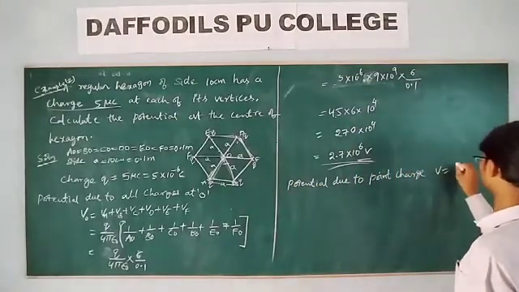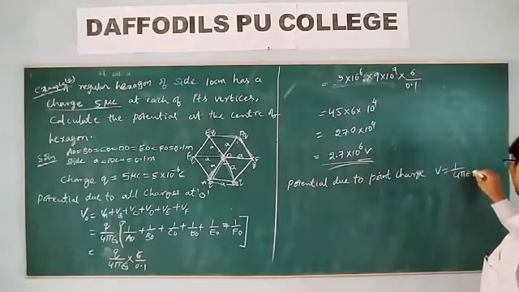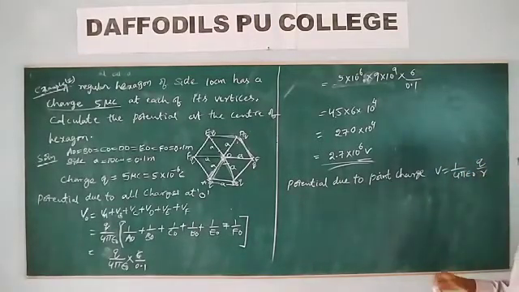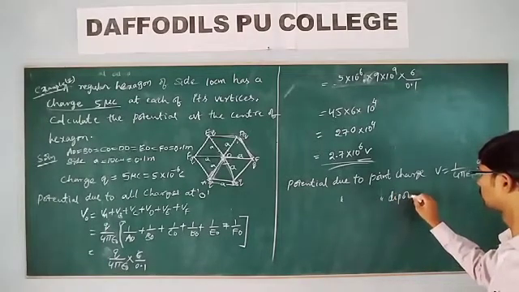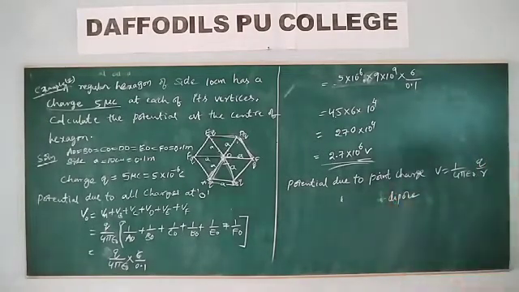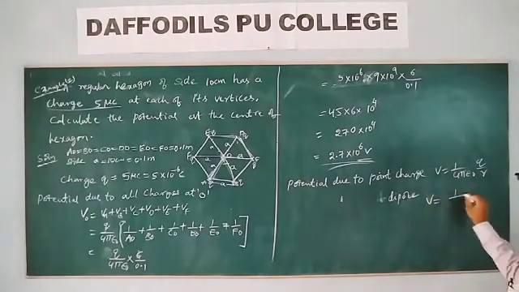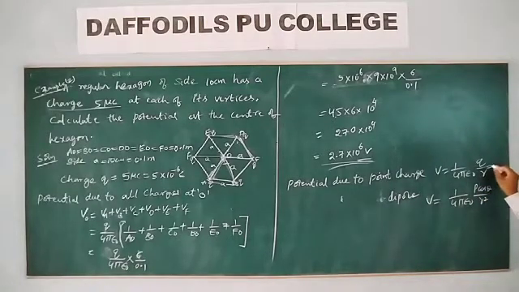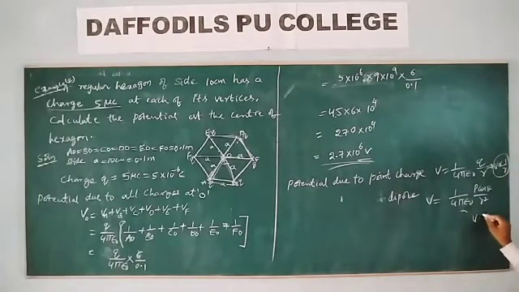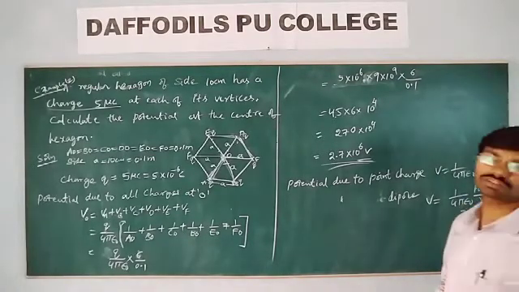Potential due to point charge, V is equal to 1 by 4 pi epsilon Q by R. Whereas electric potential due to dipole is 1 by 4 pi epsilon P cos theta by R square. That represents here V is inversely proportional to R for a point charge, but here V is inversely proportional to R square.